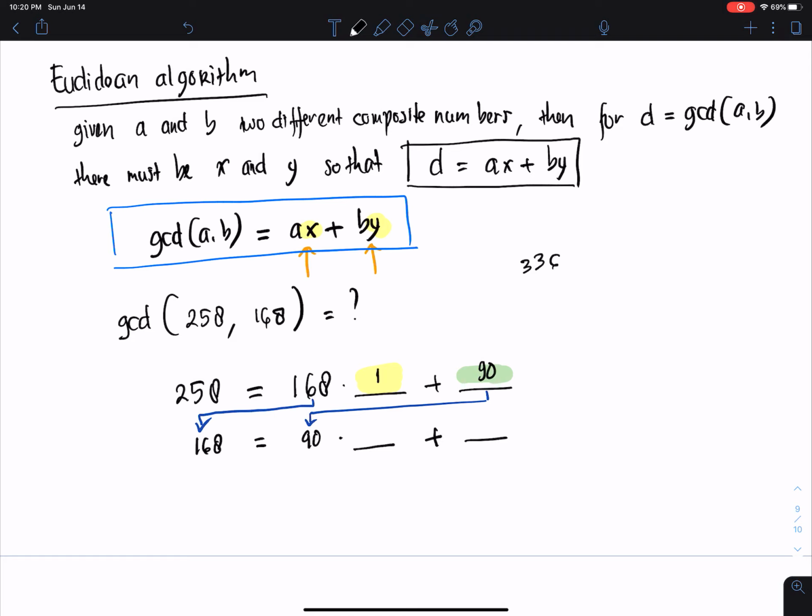Again, what number multiplied by 90 will get close to 168? Definitely 1 again, because if we multiply 90 with 2, we already have 180. And what is the remainder? 168 minus 90, we will get 78.